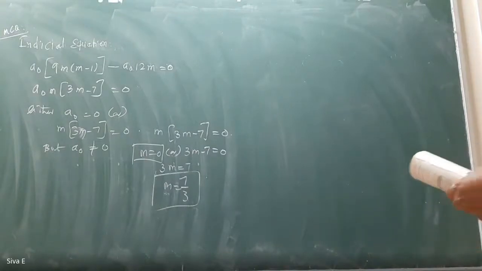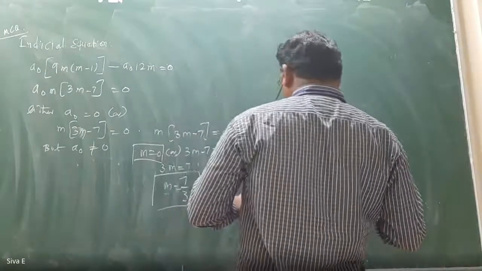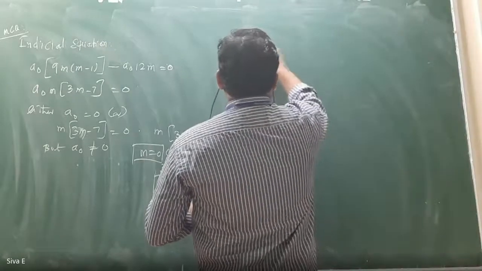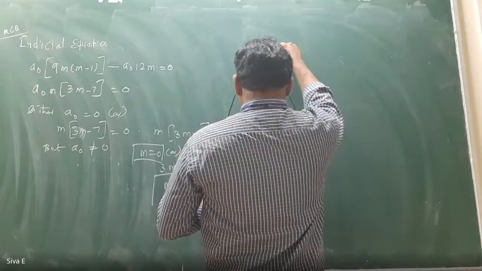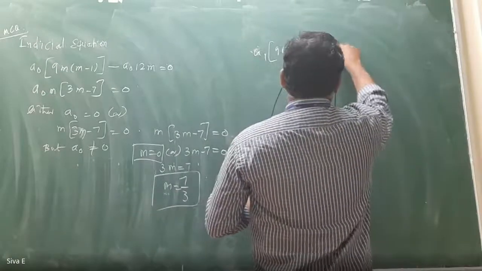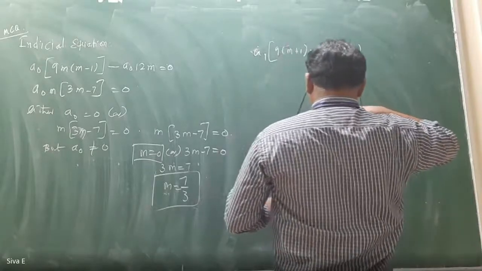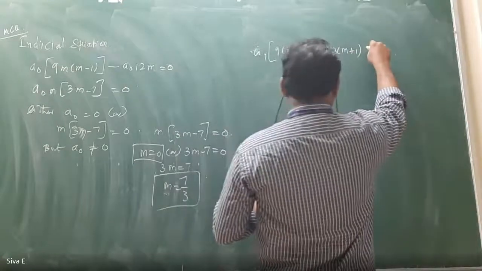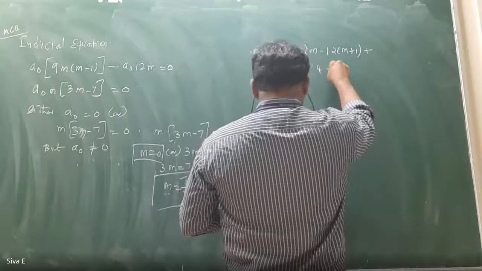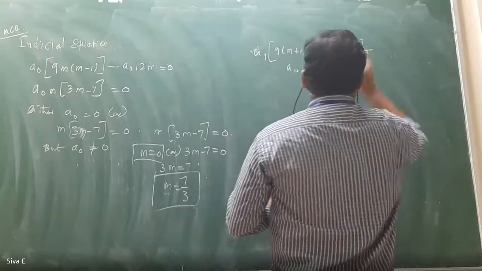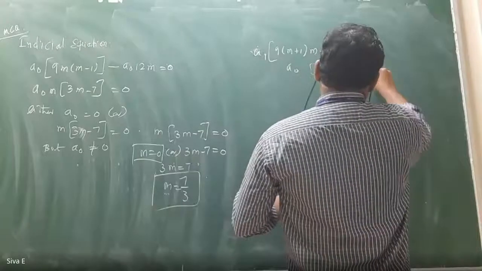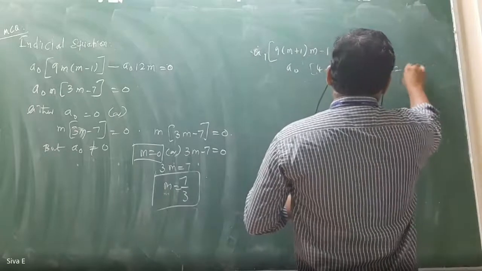Equating the coefficient of x power m to 0, so what you get? a1 into 9 into m plus 1 into m minus 12 into m plus 1, plus a naught into 4 minus a naught into 4 minus 9m into m minus 1 equal to 0.